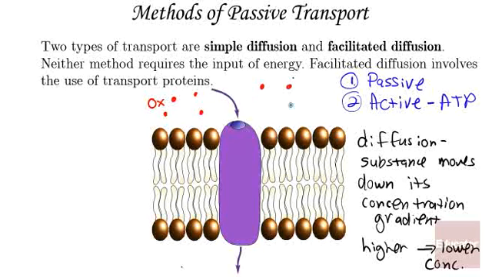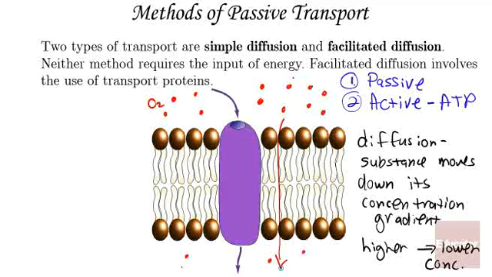And let's say I have a lot of oxygen molecules over here. And as you know, these can cross the cell membrane on their own. They do not need the help of a transport protein. Over here on the other side, let's say I have a lower concentration of oxygen. Oxygen is going to want to move from the region of higher to lower oxygen concentration. So it is going to want to go in this direction.